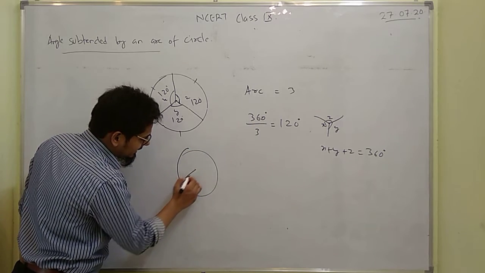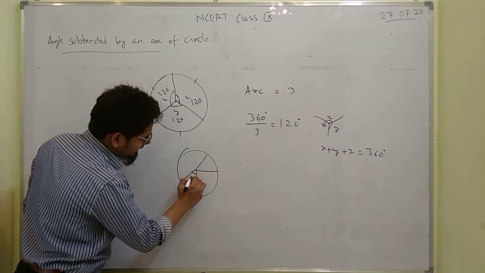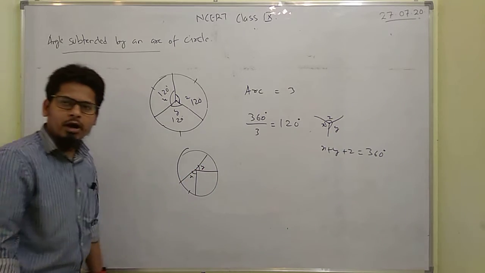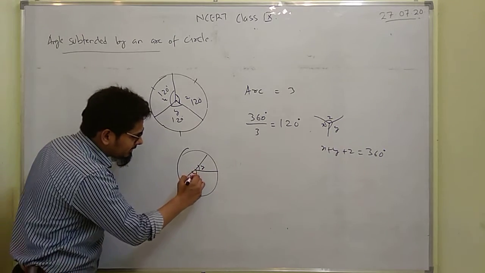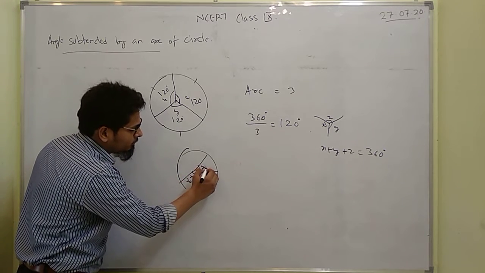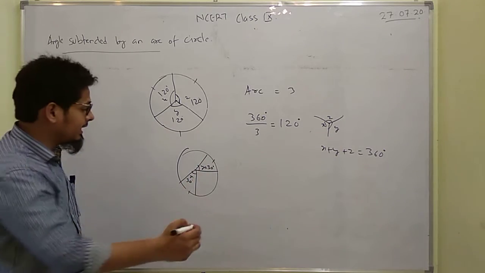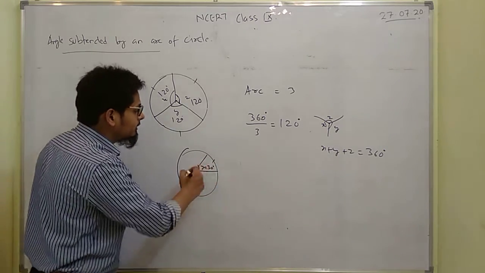If this arc is equal to this arc, and this is angle x and this is angle y, and the angle subtended here is 30 degrees, then the value of this angle will also be 30, because the arc lengths are equal to each other.